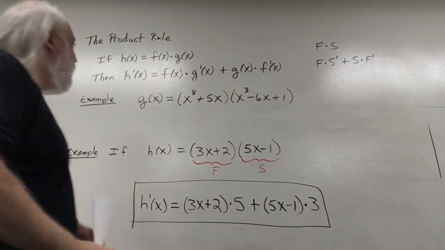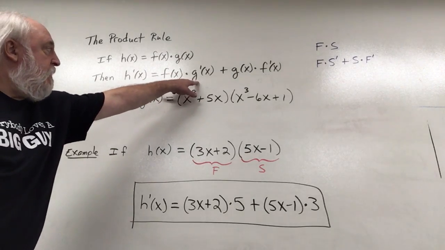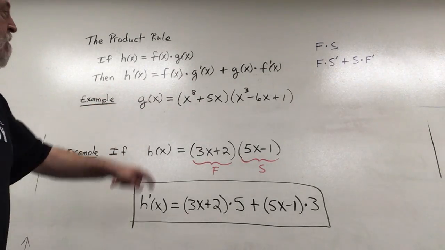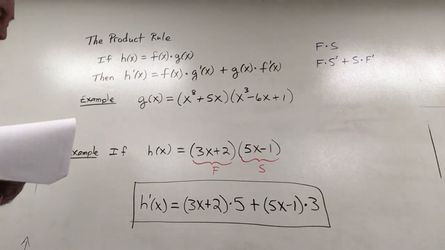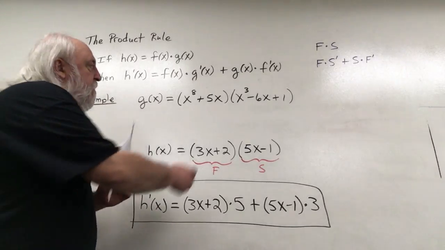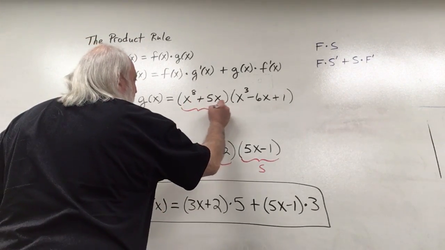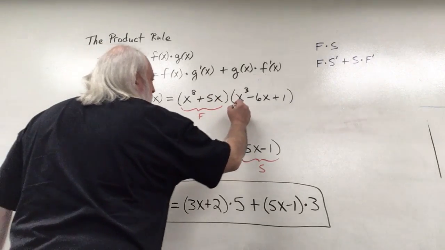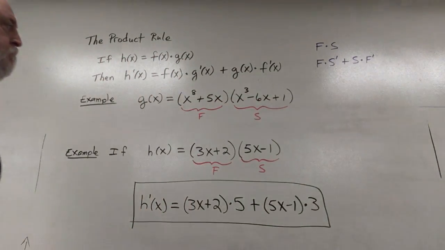Now notice that g of x is on the left-hand side on this example, so its role has changed from our definition of the product rule up here. But we have the product of two functions on the right-hand side. So this in parentheses is the first function, and this in parentheses here is the second function.